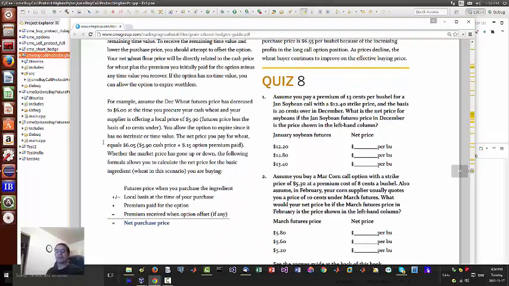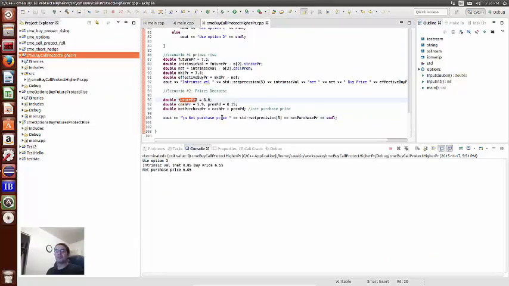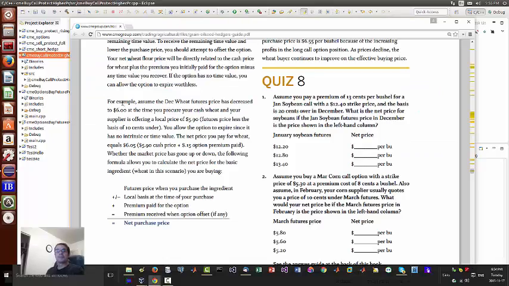Okay, so here's the scenario. We have a new future price of $6. Let me just go back to that document. So future price decreases to $6. The supplier's offering a local price of $5.90.